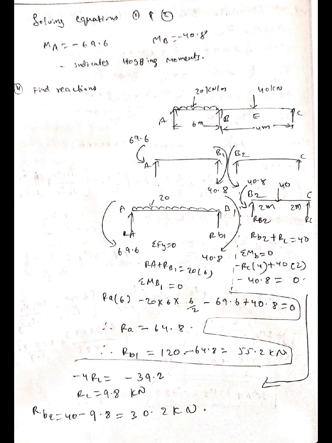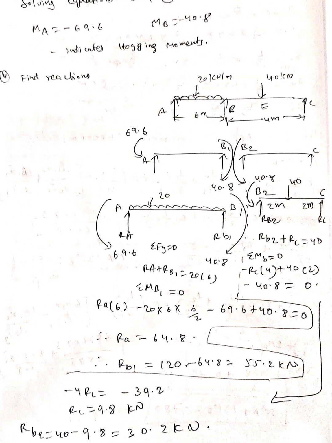If I take the AB span, I'll apply sigma MB equal to 0 and sigma FY equal to 0, and I will find RA and RB1. And if I take the second span B2C, I will apply sigma MB equal to 0 and sigma FY equal to 0, and I will find RC and RB2. RA we have got, and RB is the sum of RB1 and RB2.